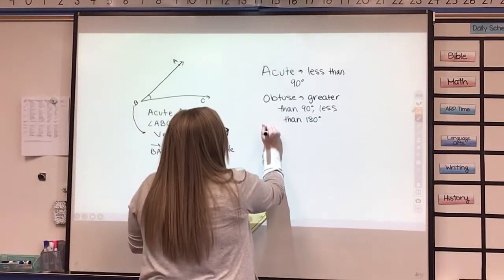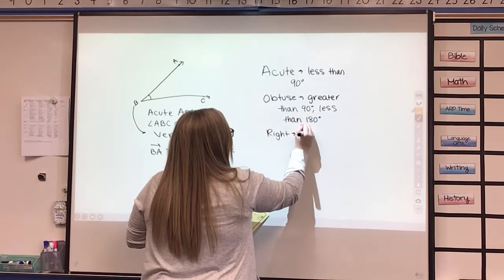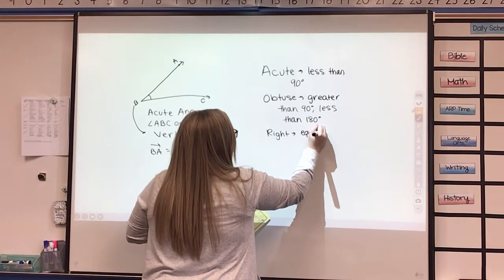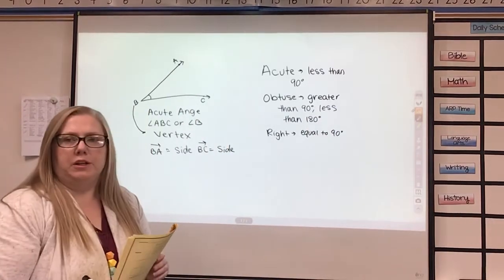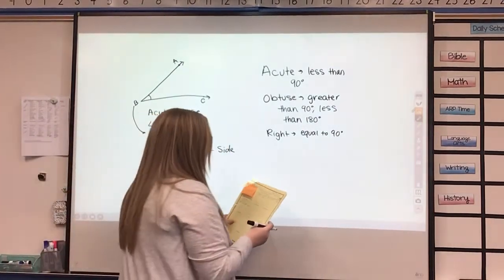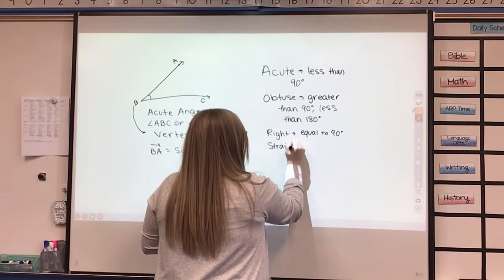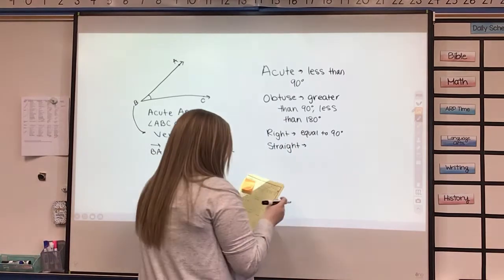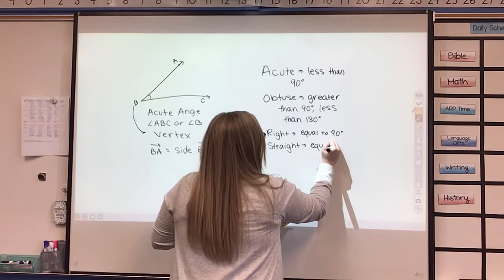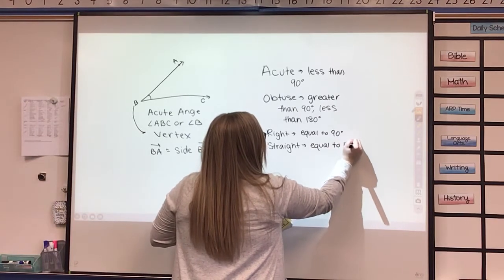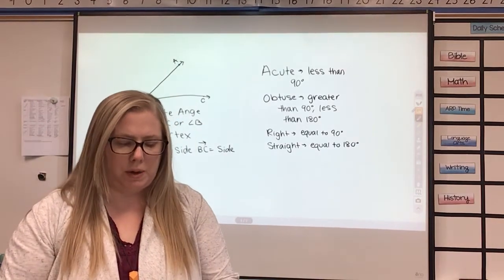And right is equal to 90 degrees. And then I also have straight, which is equal to 180.